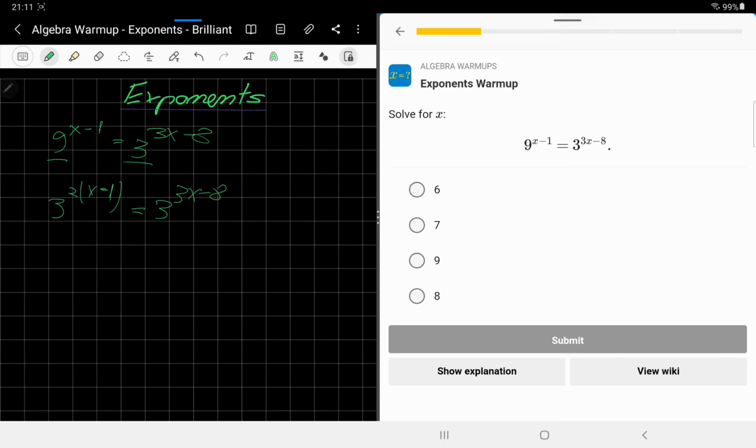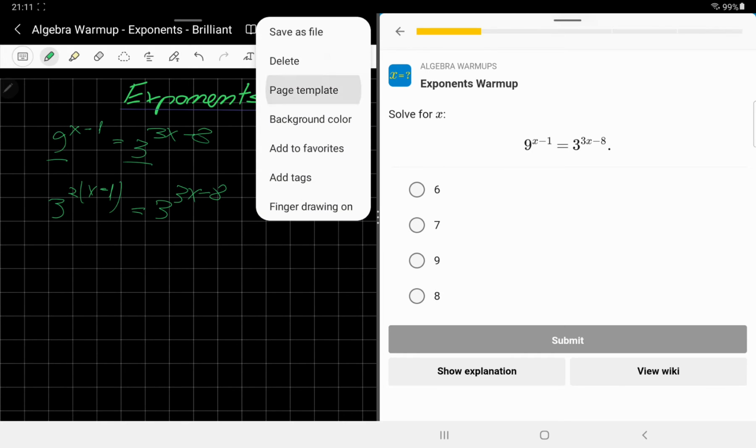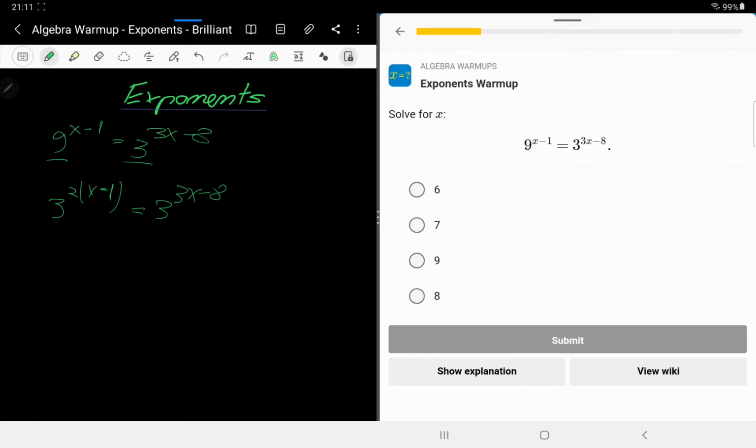Let me change the page template to this one so it looks better. In this case, as you can see, we have the bases equal. Now all we have to do is say that 2x minus 1 times 2, that is 2x minus 2, equals 3x minus 8.